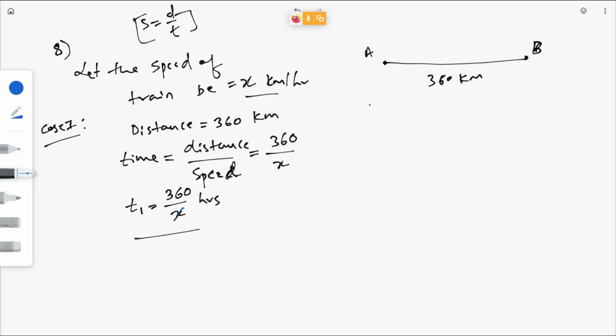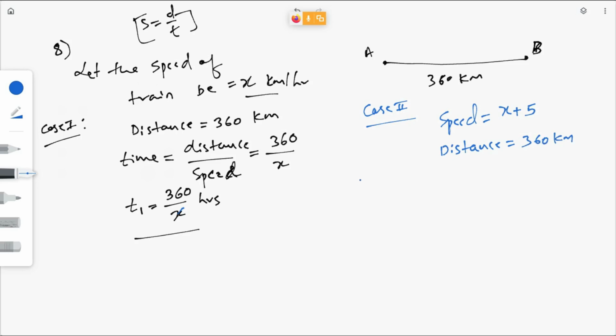Okay, now case 2. In case 2, if the speed had been 5 km per hour more, so x plus 5, yes or no? If the speed is x plus 5, the distance will remain same. In both the cases the distance is 360 km.